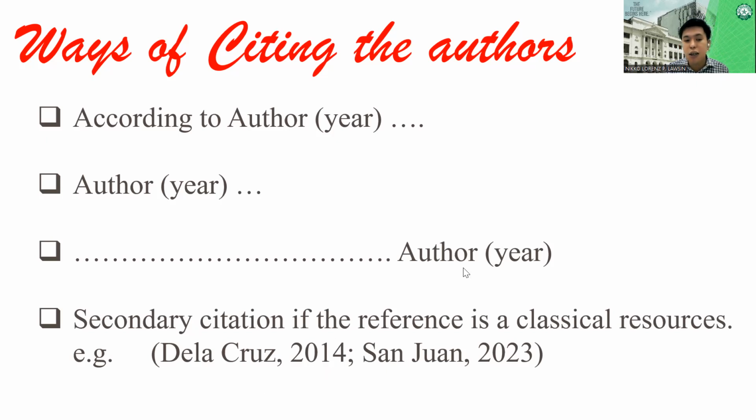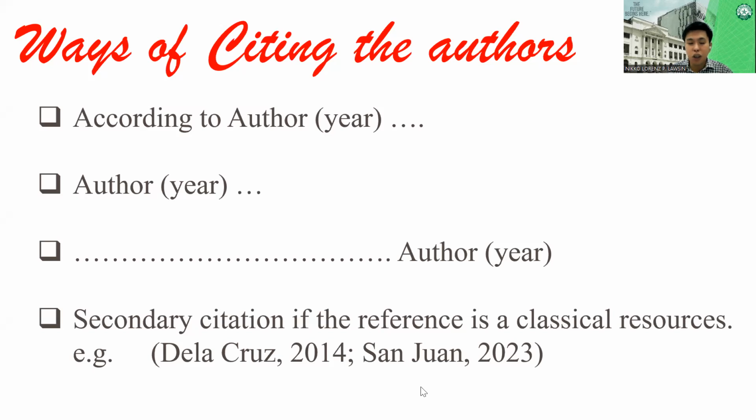For instance, you see the output or the paper of San Juan was just published this 2023. So you can do secondary citation. You can include them through combining their surname in parentheses, the surname of the author, comma, the year when it was published, semicolon, the surname of the second author, and 2023.